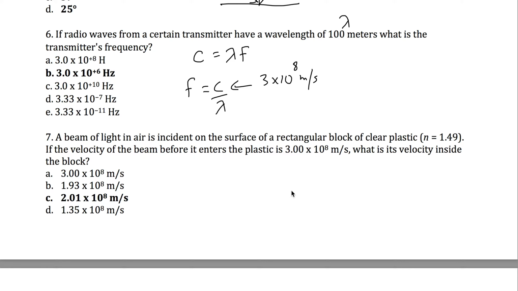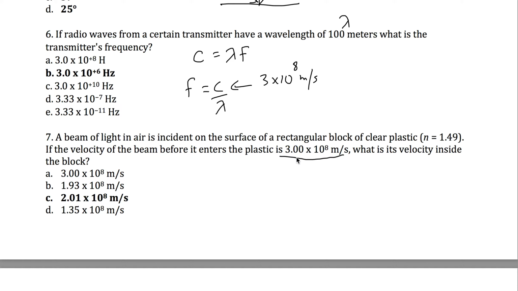Number 7, we're given the index of refraction of the plastic and the velocity of the beam of light before it enters the plastic. What's the velocity inside the block? Notice that the velocity before it enters the plastic is the same as the speed of light in a vacuum, which is what we would expect because it's incident from the air.